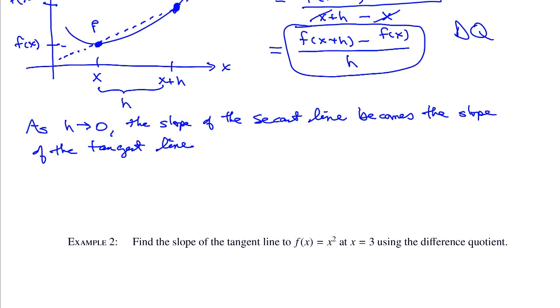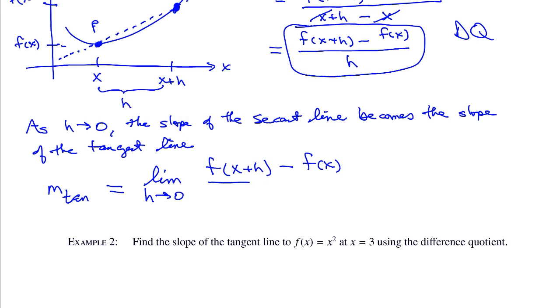And so the formula that we want here, sometimes called M-tan, is the limit as h goes to 0 of f of x plus h minus f of x over h.